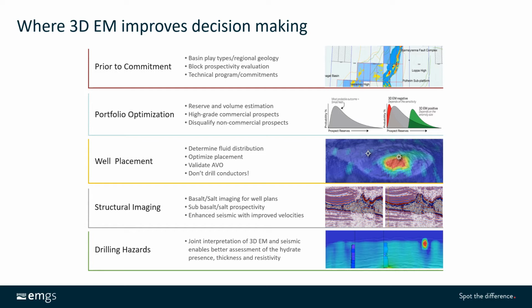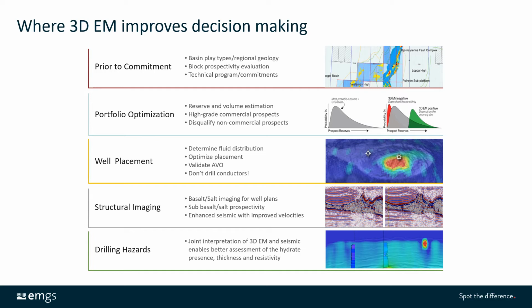So it can be used in the well placement to determine the fluid distribution, optimize the placement, validate the AVO, and definitely you don't need to drill the conductor, because if CSEM says there is a conductor and if you drill there, the chances for finding the hydrocarbon is very minimal. If you find it, it might be non-commercial, I mean it may have very low saturation or it may have very small volume which you may not be able to extract or make it commercial.